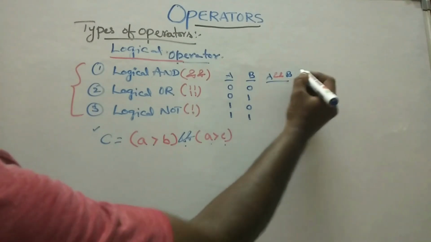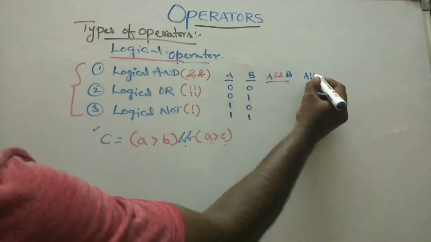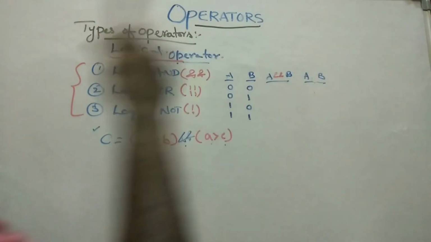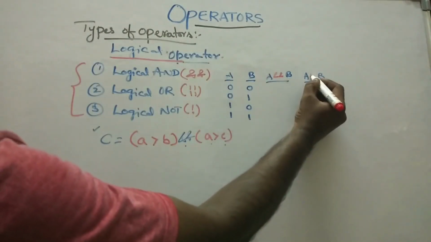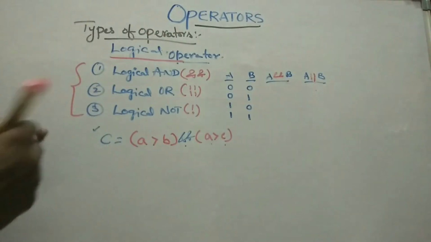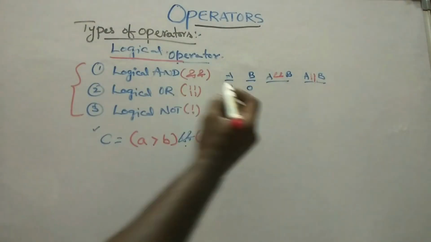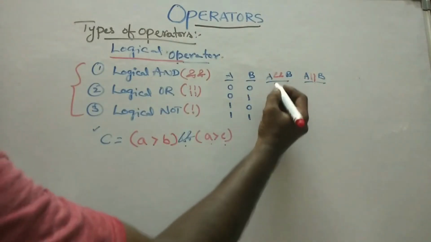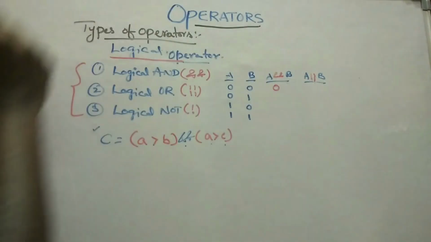Now what is the result? Same as A logical OR B. What is the output you have to get? See, if you have the two inputs, A is 0, B is 0, then logical AND gives output 0. How?